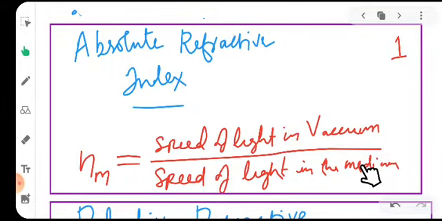So that is how you define the absolute refractive index of the material. Suppose you are asked to find the refractive index of water, or you say the refractive index of water is 1.33, this implies it is its absolute refractive index, the refractive index relative to the vacuum.